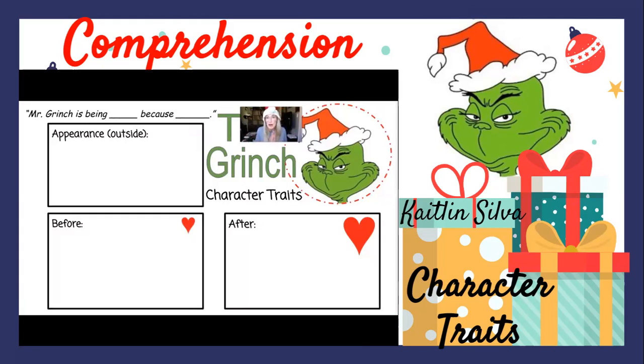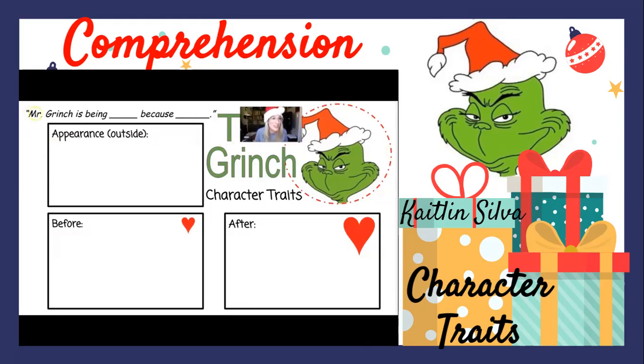So I want to hear about some of those character traits that you came up with, and we're going to fill out this anchor chart of Mr. Grinch's character traits. So in your answer, I want you to describe a character trait for the Grinch at both the beginning and the end of the story, and try to support it with some evidence from the text.